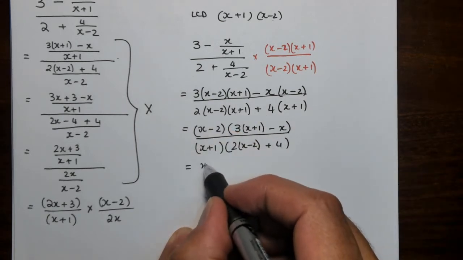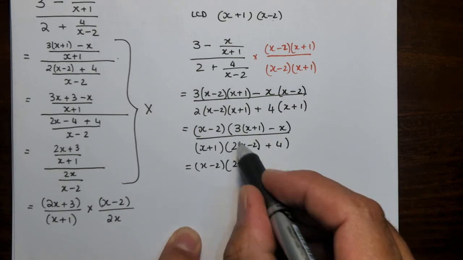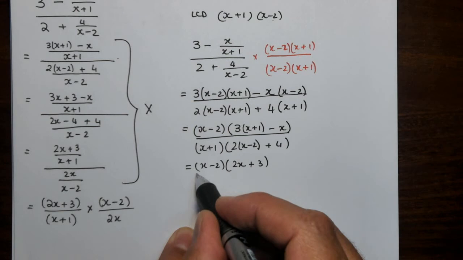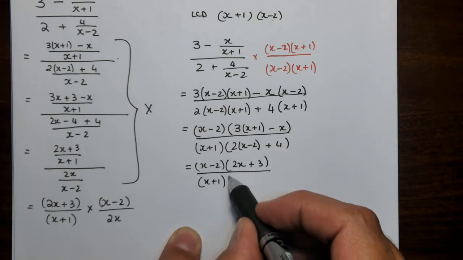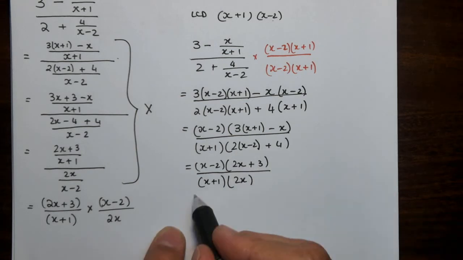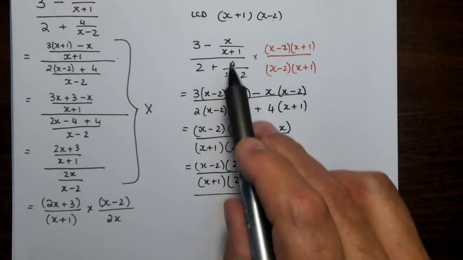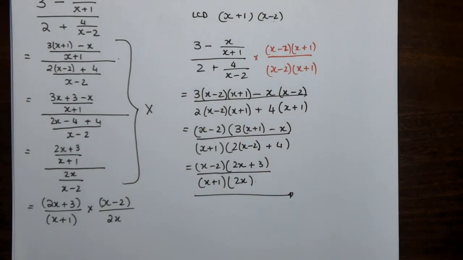Okay, so x minus 2, and I get 3x minus x is 2x plus 3, all of that over x plus 1, and this bracket 2x minus 4 plus 4, and there I've simplified my ugly complex fraction, and I've left it in factorized form in any case.